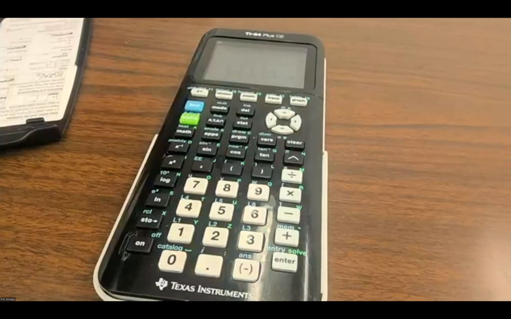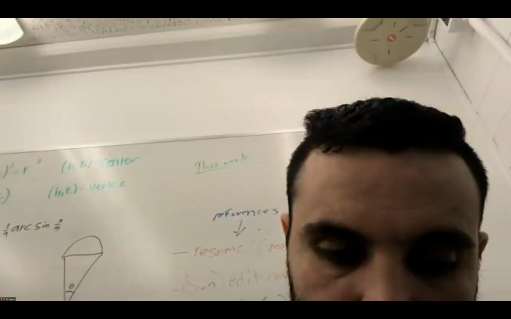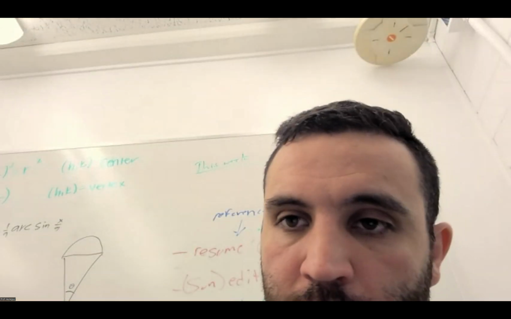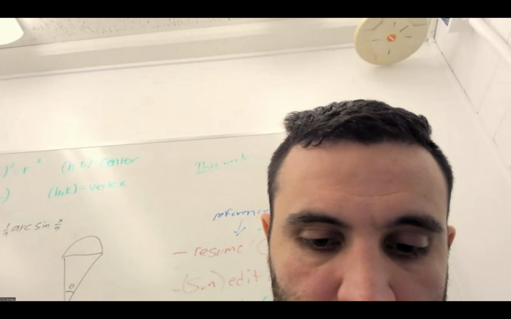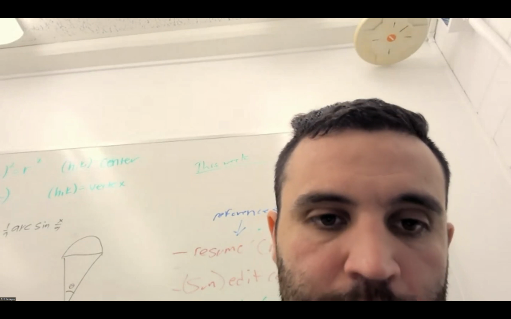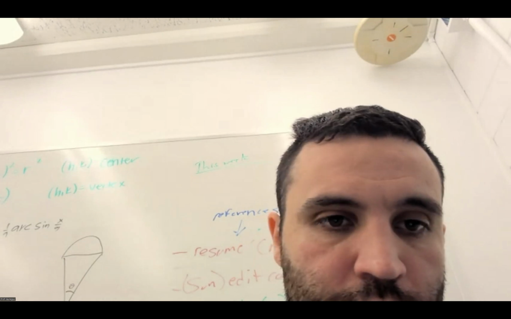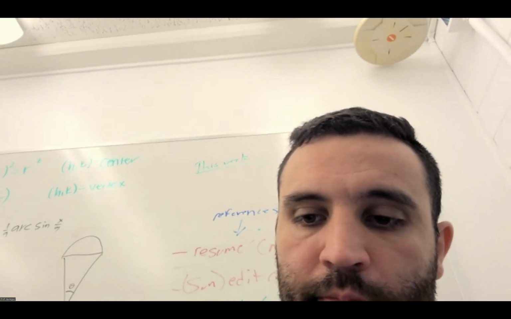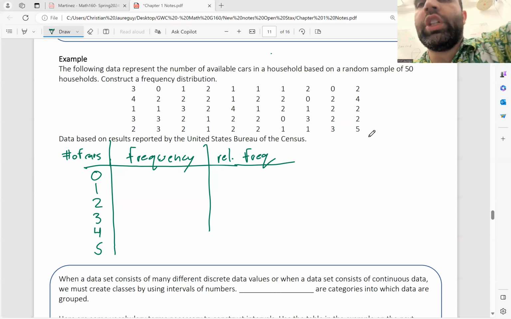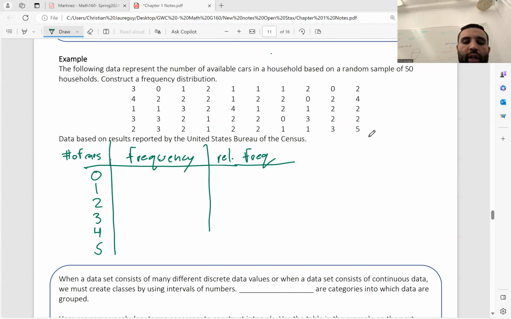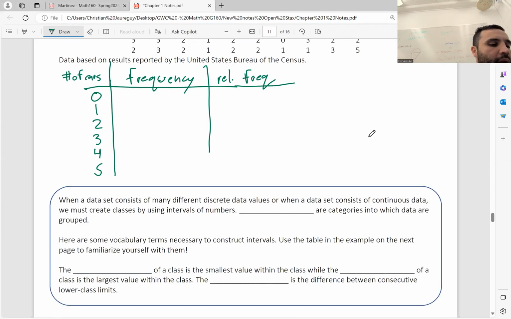So I'm going to switch back to the notes and switch back to the forward-facing camera. One second here. So we just looked at this in our calculator. Hopefully you were able to catch all that.